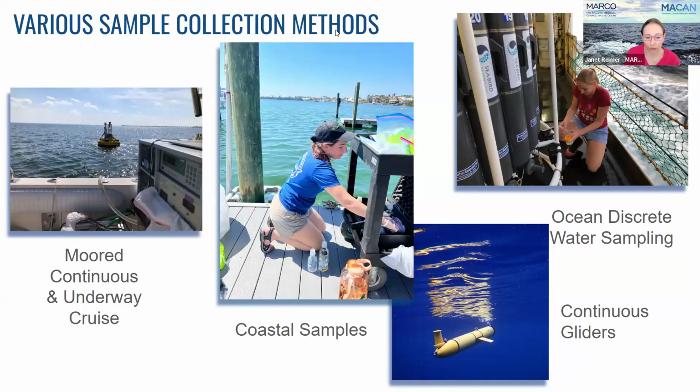Then in the coastal zone, we can even wheel carts out onto docks to grab samples. Those are generally for dissolved inorganic carbon and total alkalinity, which is a different type of sample from the dissolved CO2.